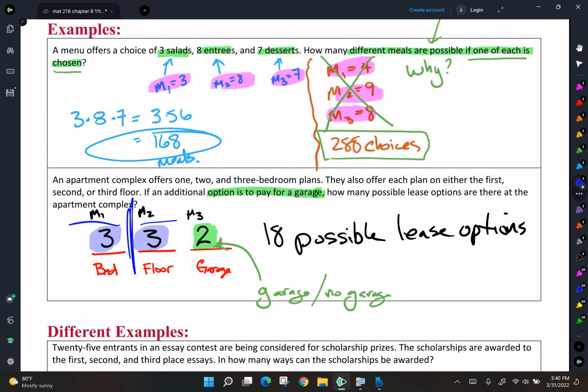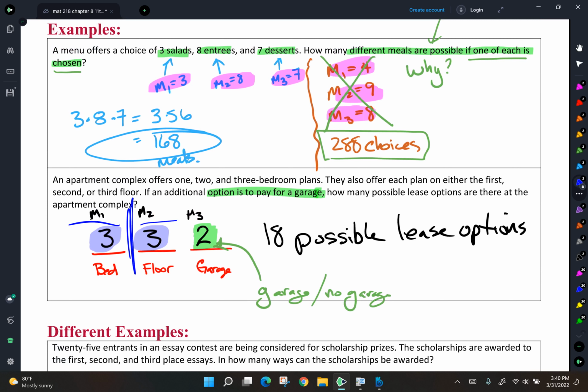But down here, I can't think of this problem in the same way because if I say that M1 is to pick a first place winner, and I say that there are 25 different options for that, then M2, well, that's a different problem now because basically what's happening in this problem is we have a set and we are making subsets out of it because we're taking more than 1 choice from the same set.